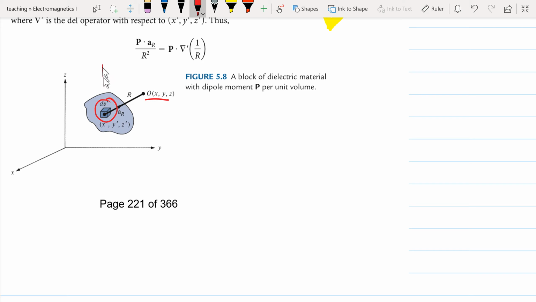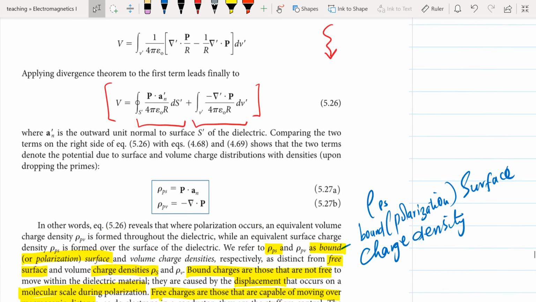Of course this is a dielectric, and this dielectric will also have some effect on the electric field strength, and therefore the potential due to that elemental volume has two terms.